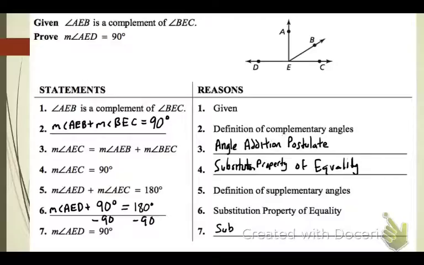So notice we don't have to write that subtraction step into our proof. We just write the result. But I went ahead and wrote it there to help make sure everybody was following along. So now we've proved what we were looking to prove, that the measure of angle AED is 90 degrees.